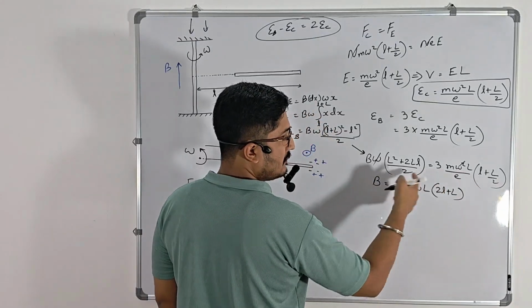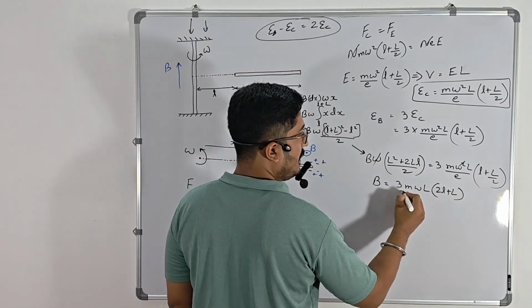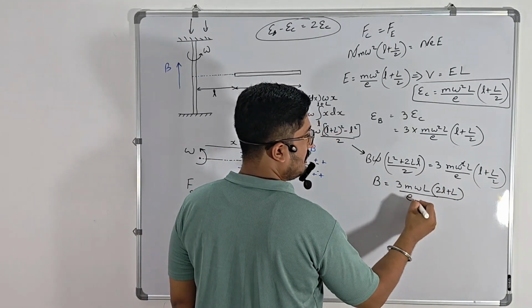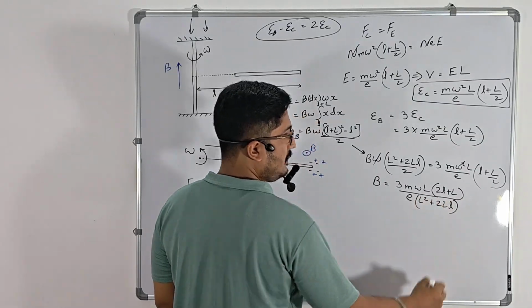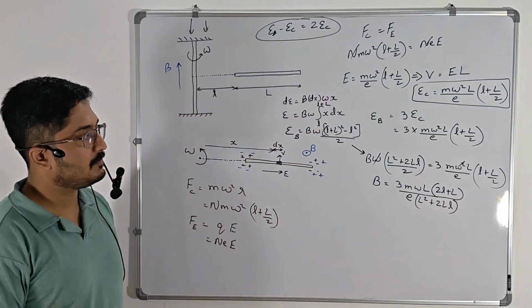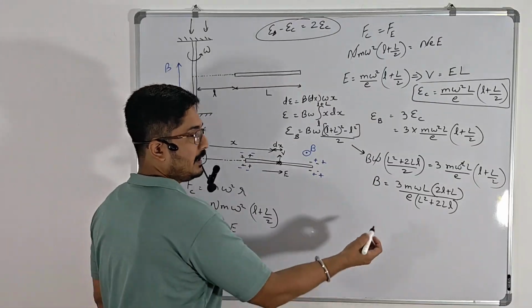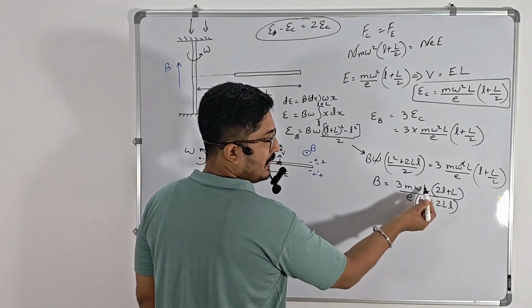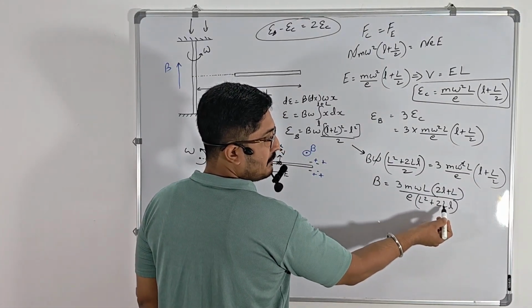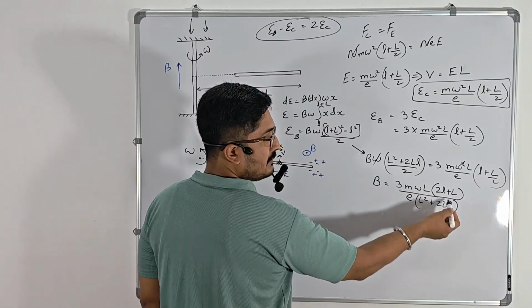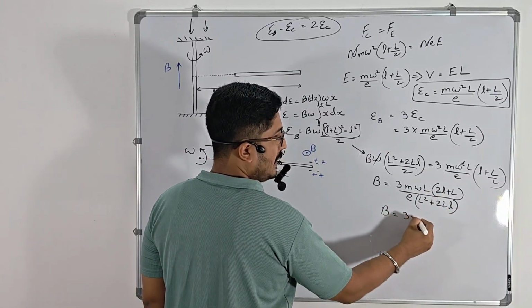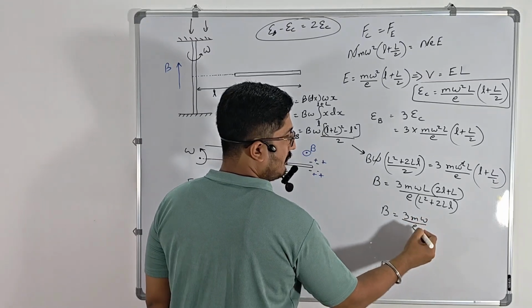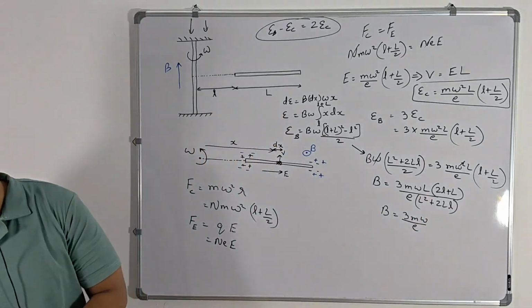The 2 will get cancelled from both sides, and the denominator would become E times of L square plus 2Ll. I can take out the L common from there. L can be cancelled. Inside the bracket, I'll be getting 2L plus l, which can also be cancelled. And I'll be getting B is equal to 3m omega divided by E. This is what I'm getting.